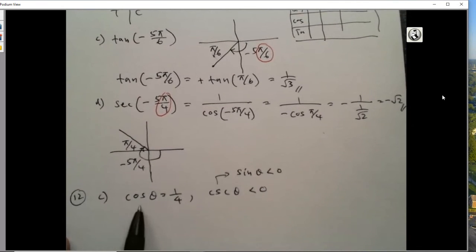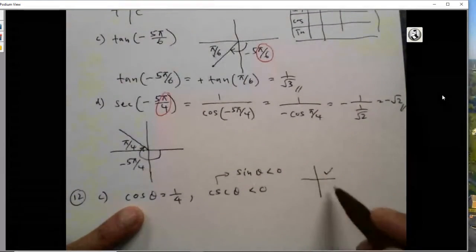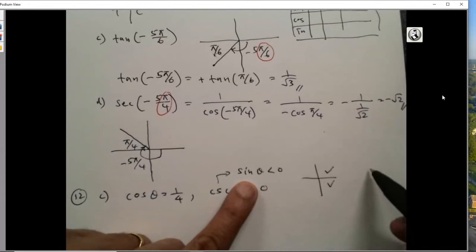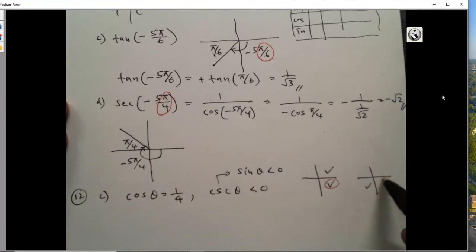If cosine is positive and sine is negative, what quadrant? Cosine positive means the angle has to be in these two. Sine negative means the angle has to be in those two, right? So what is common? This is common. So your angle is in the fourth quadrant.